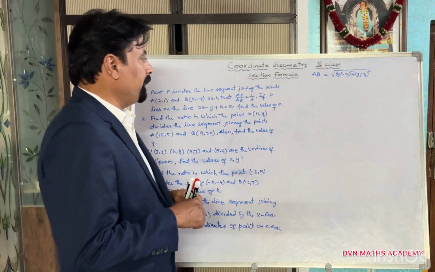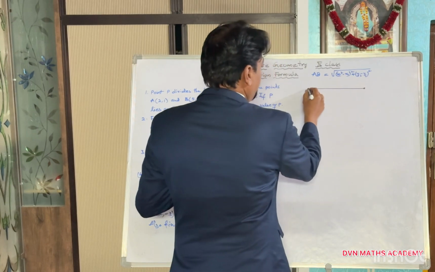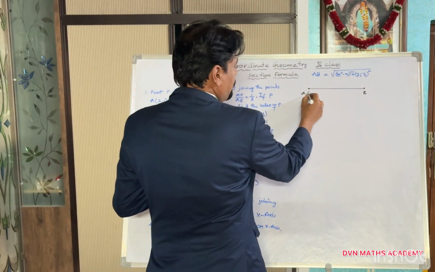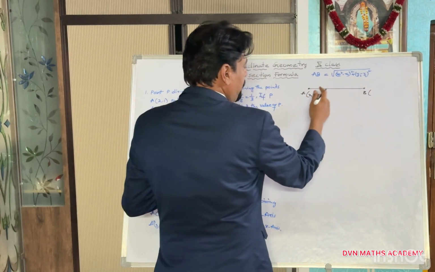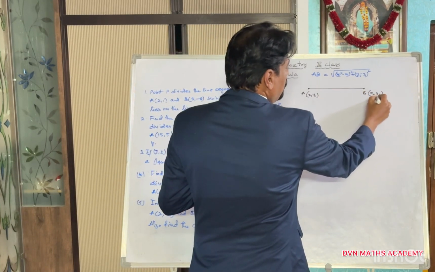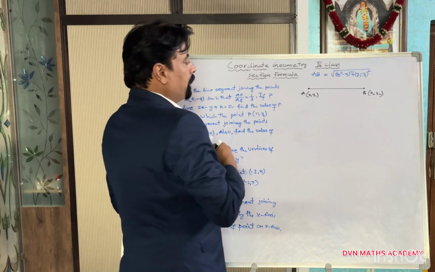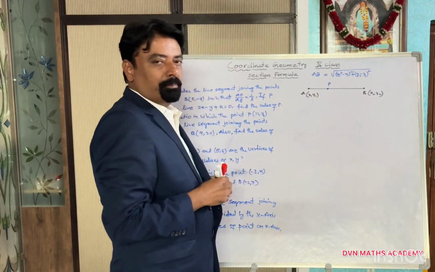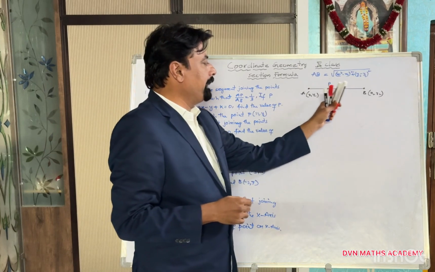Section formula is nothing but, for example, if you take any one line segment, here AB is my line segment, and the coordinates of A are x1, y1, and the coordinates of B are x2, y2. If I take any point on this line, say this is point P, now this P is dividing AB into two parts.